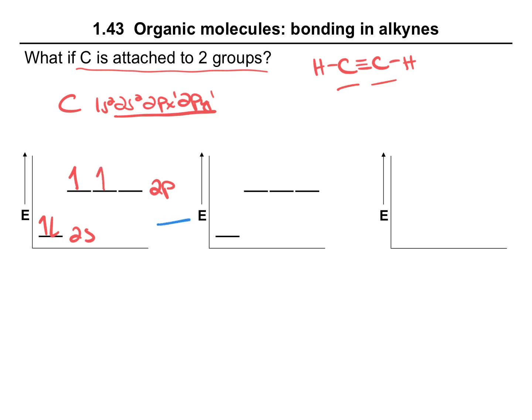Once again, we can imagine going to an excited state so that we have 1 electron in the 2s orbital and 3 electrons, 1 each in the 2p orbitals.